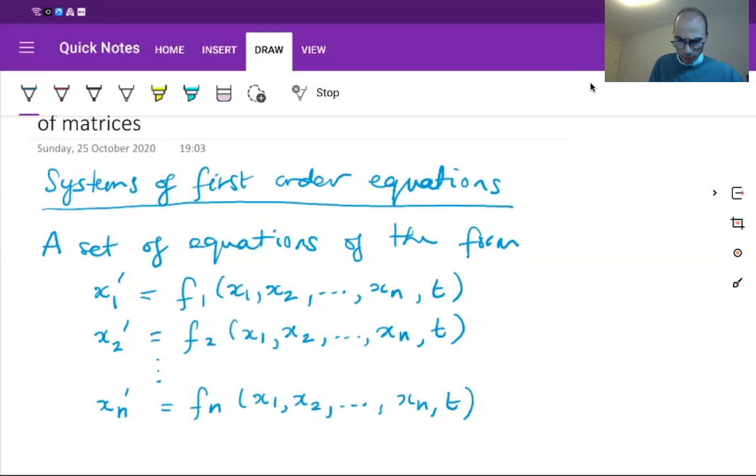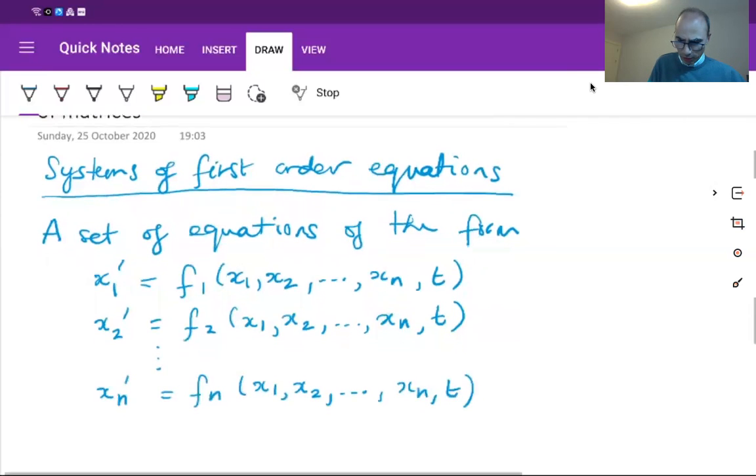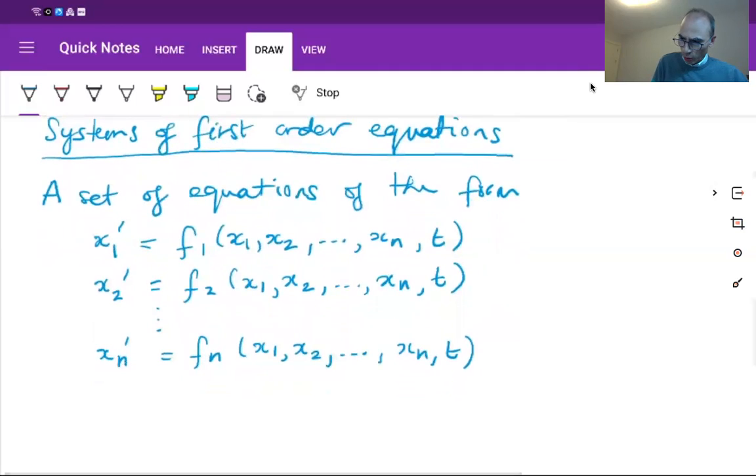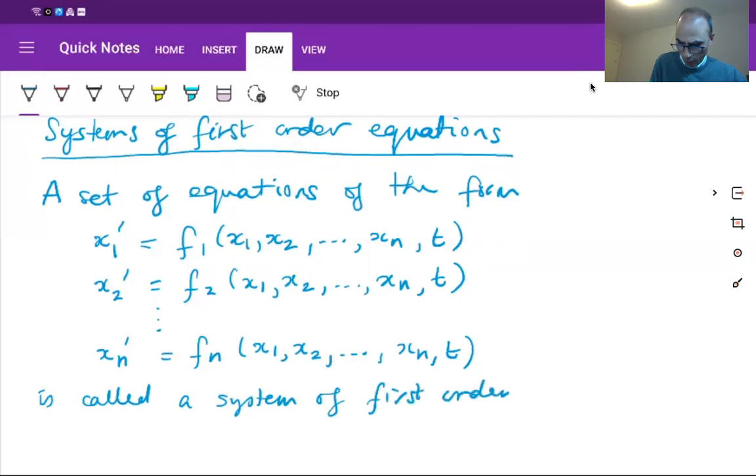Okay, a set of equations of this form is called a system of first order ODEs.